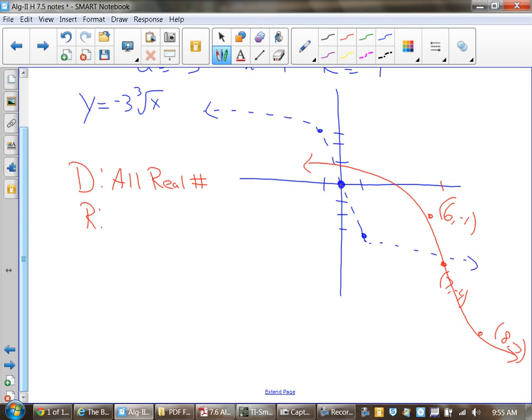Is there any values where the range doesn't occur? No. If you look at these arrows, they're just continuous. It's going to take forever to get larger and larger and smaller and smaller, but it will get there. So for all cube roots you're going to be all reals. It's your square roots you're going to have to worry about more for domain and range, because you have that endpoint where you can't have that negative root. It's a great point.